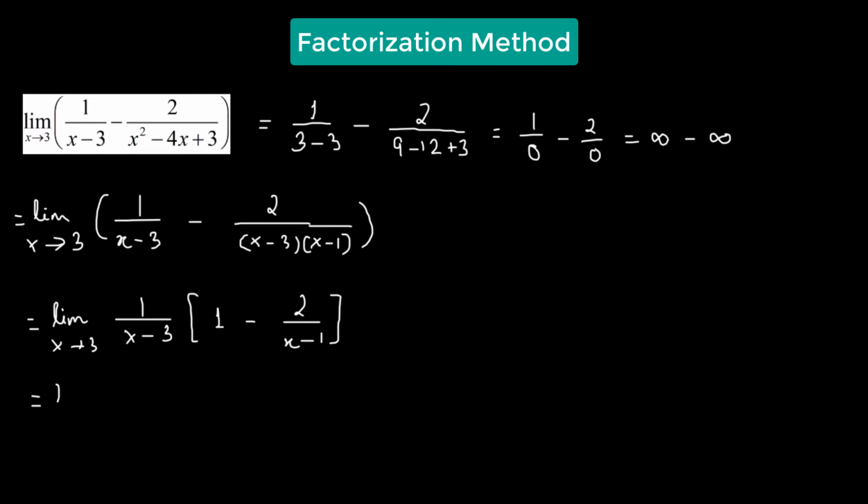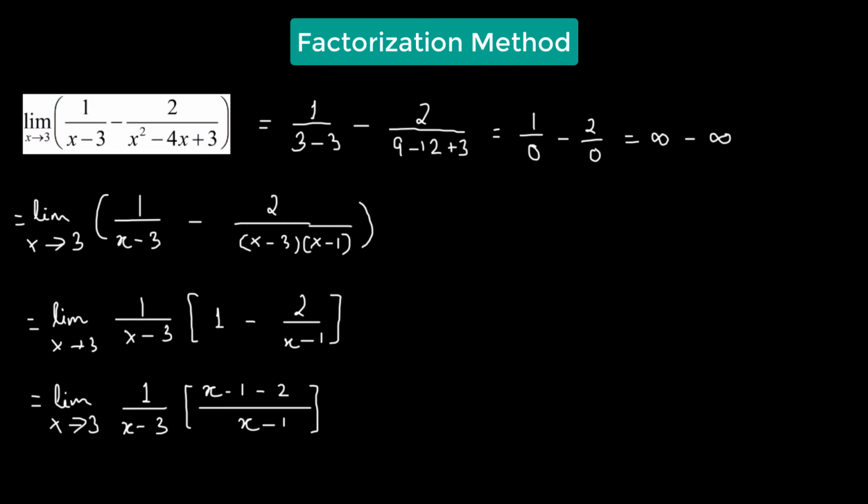So we have limit x going to 3, 1 over x minus 3 times x minus 1. So we cross multiply 1 with x minus 1, so that will give us x minus 1 minus 2.